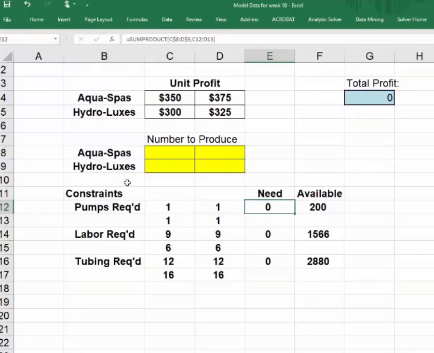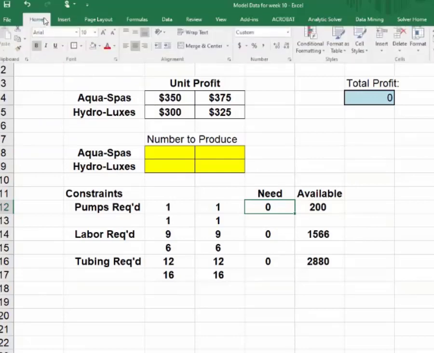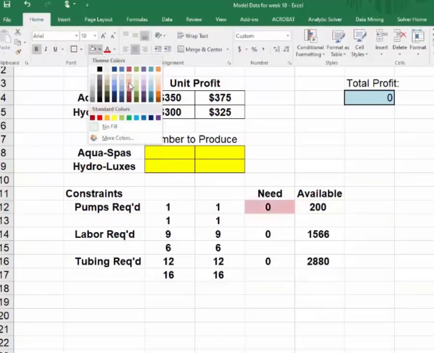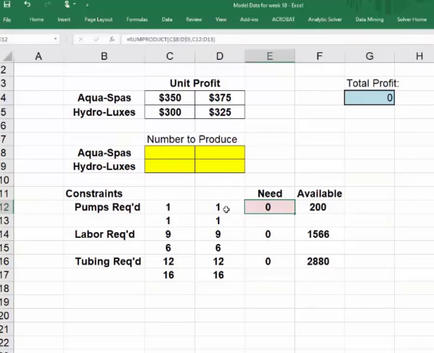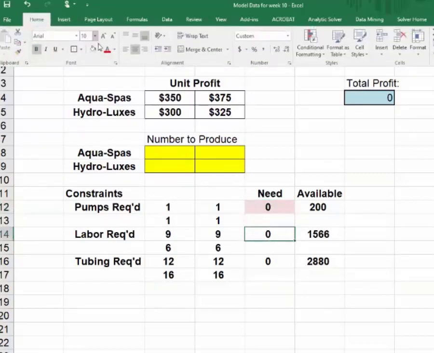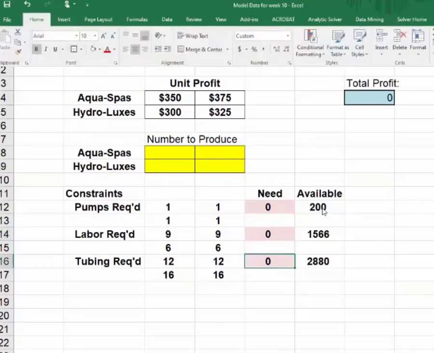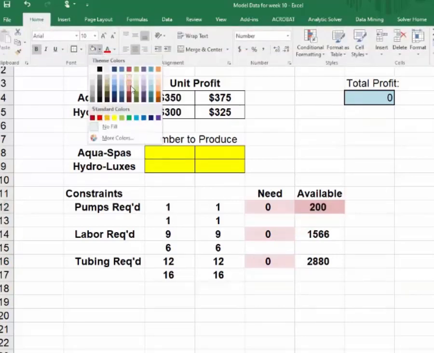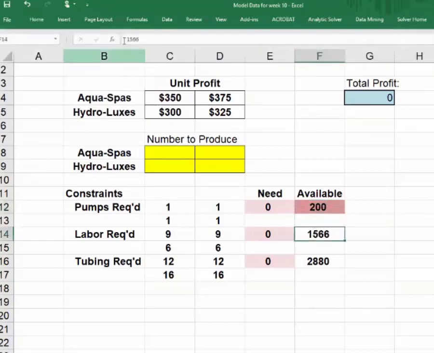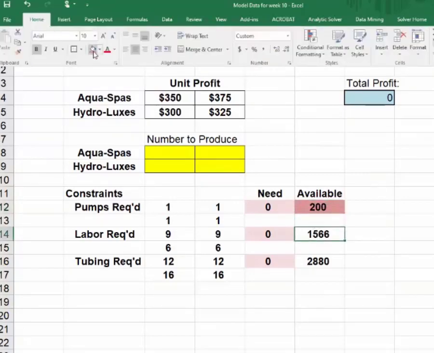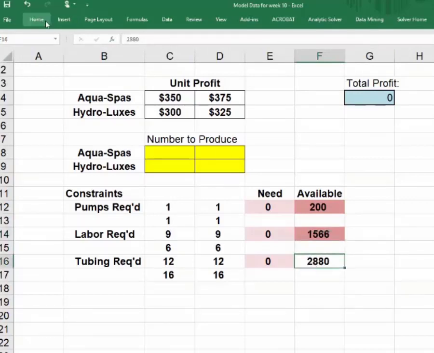Okay, so those will be my left-hand side, right-hand side, left-hand side, right-hand side. Okay, so those are the first group of constraints.